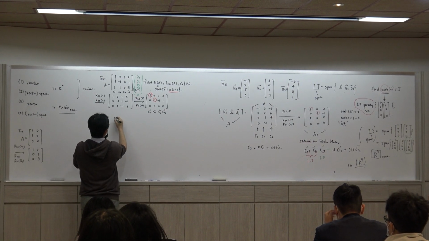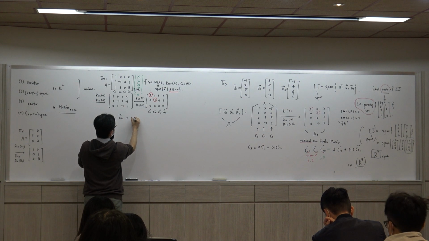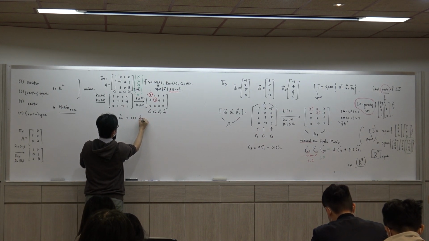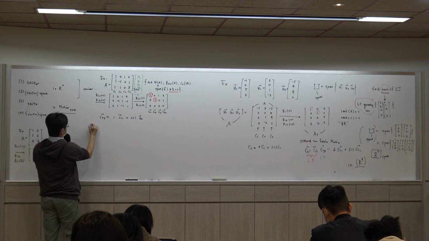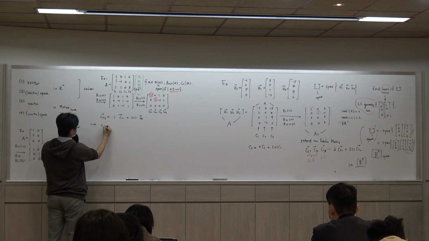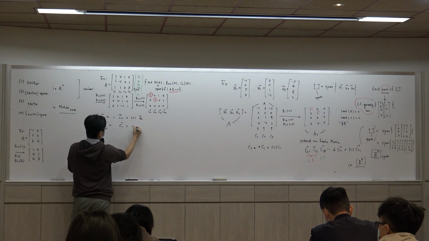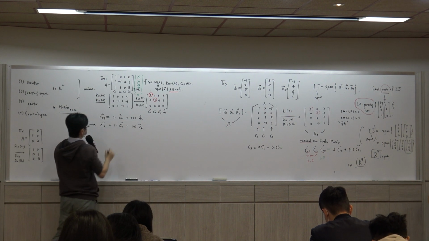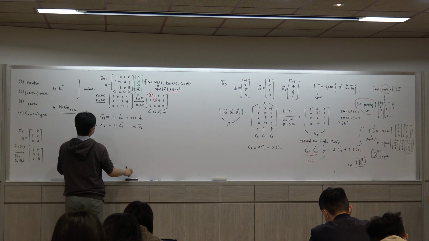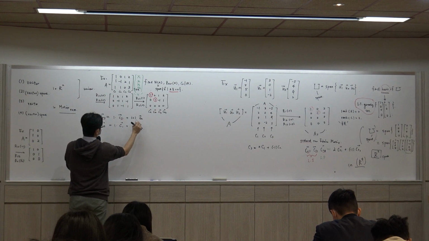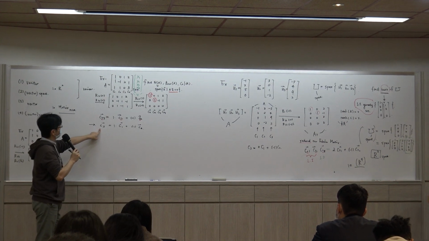So CR3 is 1 times CR1 plus minus 1 times CR2, right? So the relationship equals C3 in the original matrix.